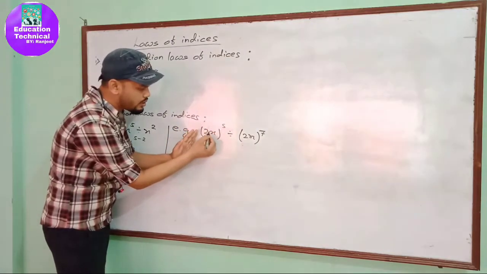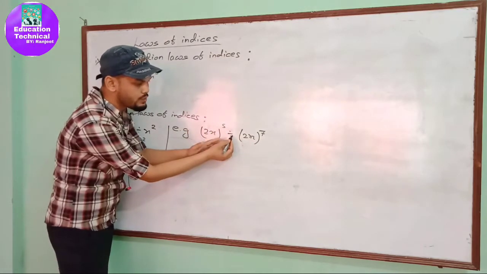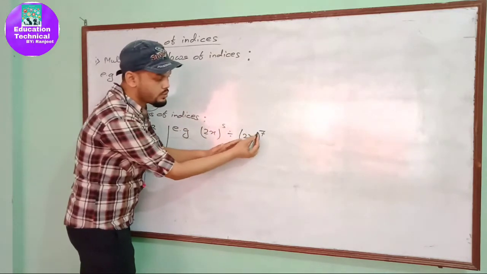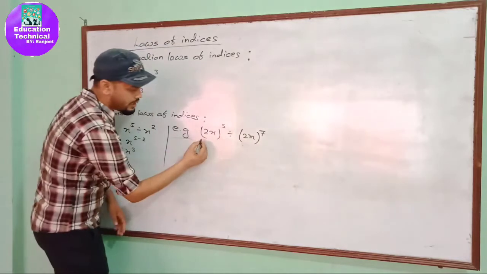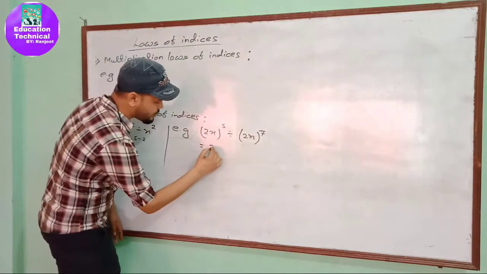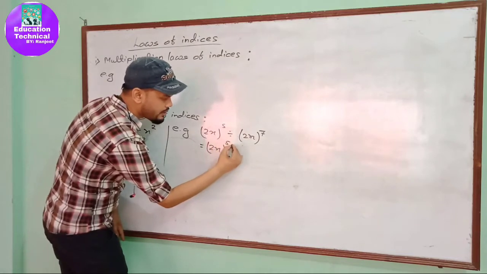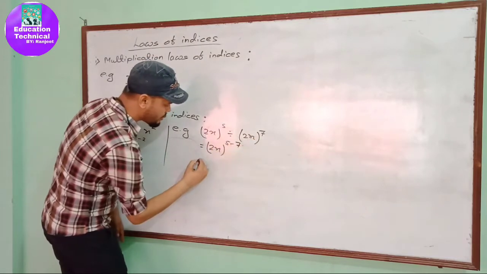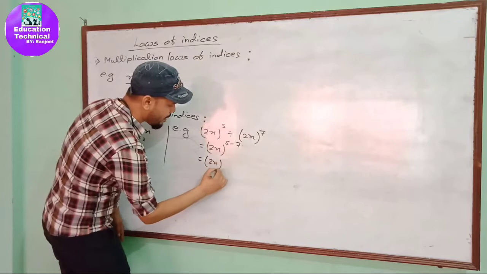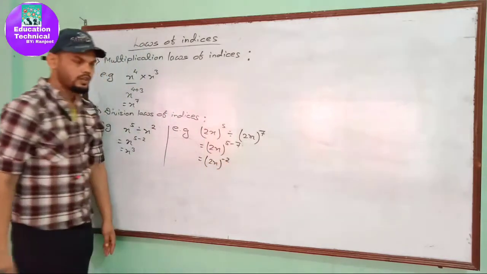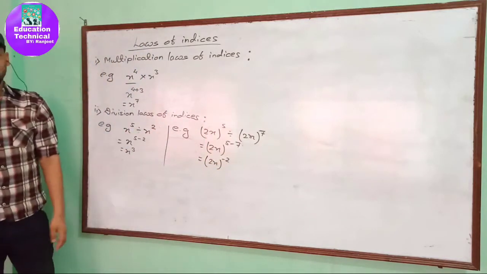So this whole 2x power 5 is to be divided by this 2x whole power 7. So the base is 2x, so write 2x power 5 minus 7. So it will be 2x power minus 2. This is our division laws of indices.